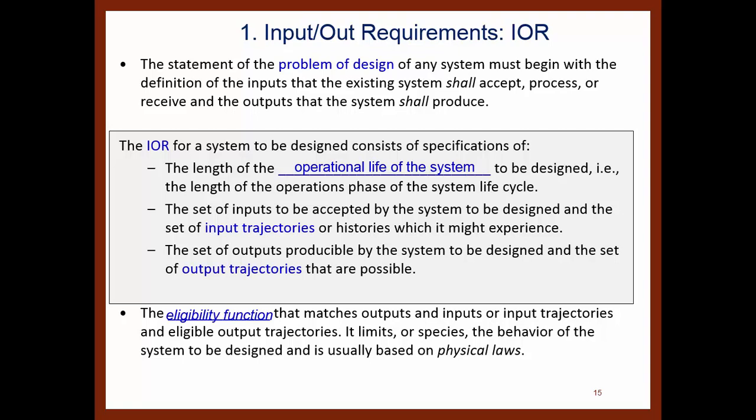For the case in which you're designing a system for, again, transporting patients, the input will be that patient requesting the ride. The output will be taking that patient to the final location. So the link between them, that's what we call the eligibility function. How do you match that input with the output?